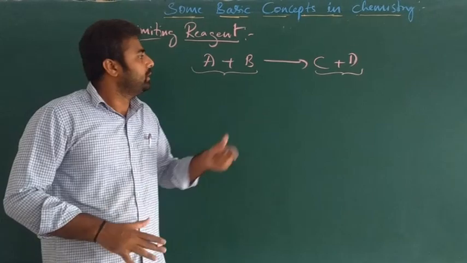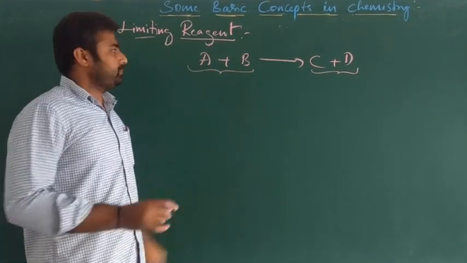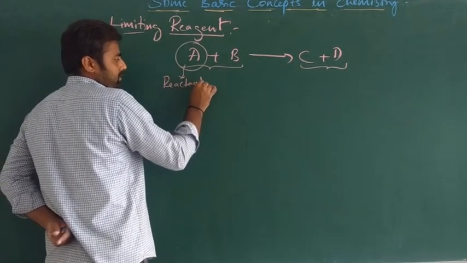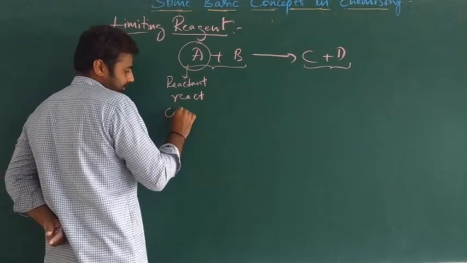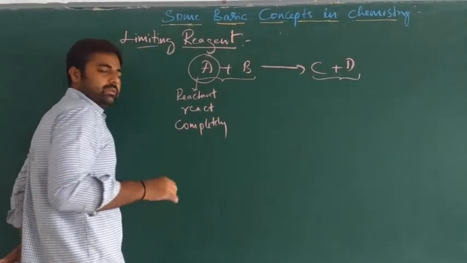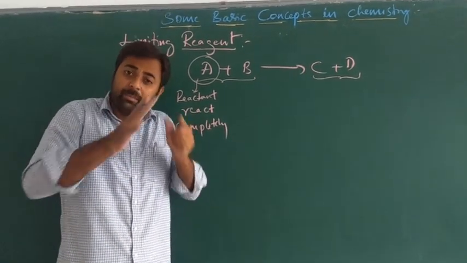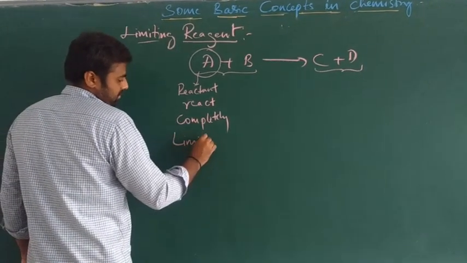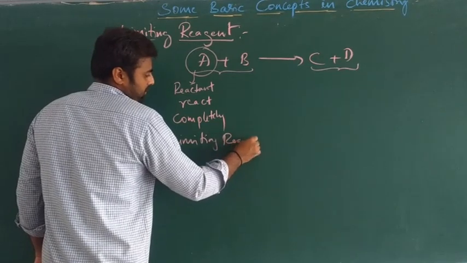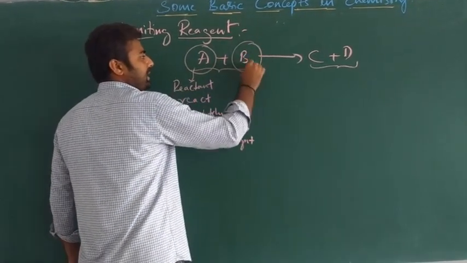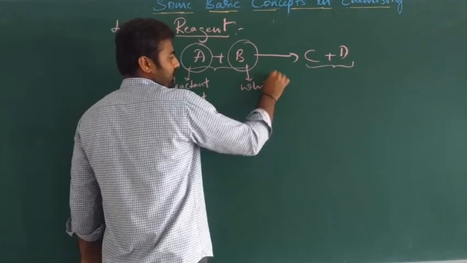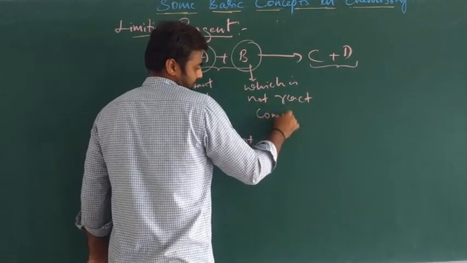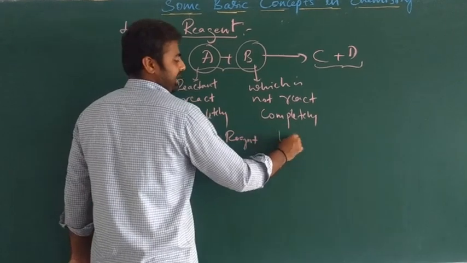I hope you understood. For example, A and B. If this reactant A reacts completely in a reaction, the reactant which reacts completely is called the limiting reagent. And the reactant which does not react completely is called the excess reagent.